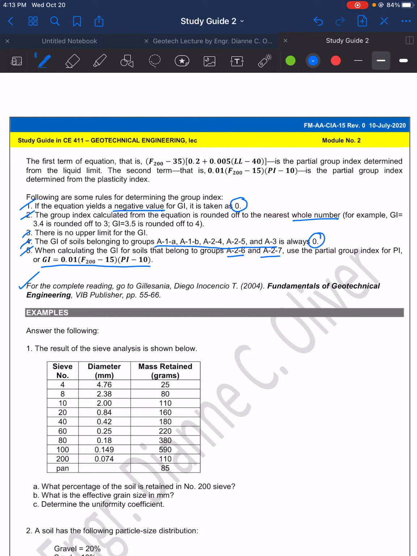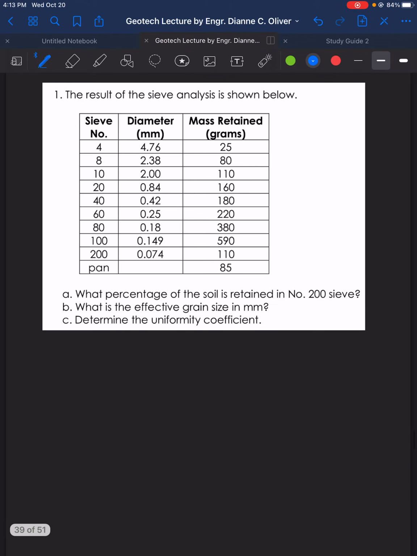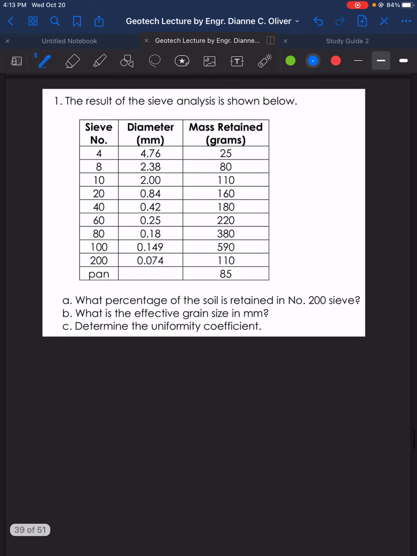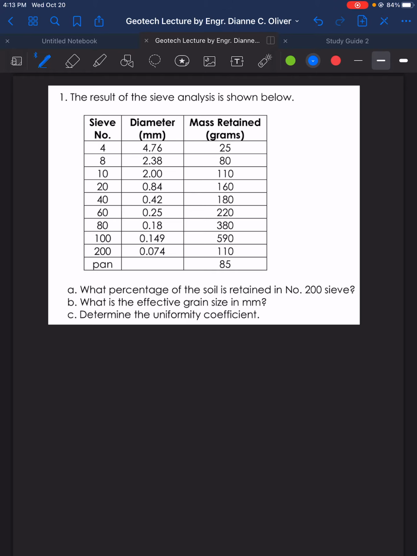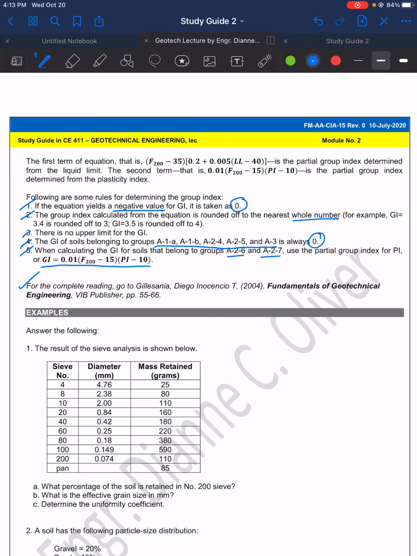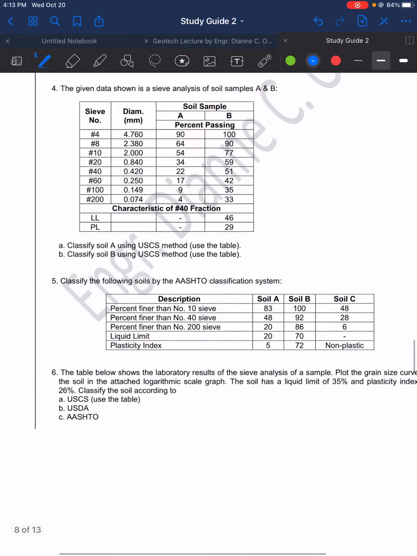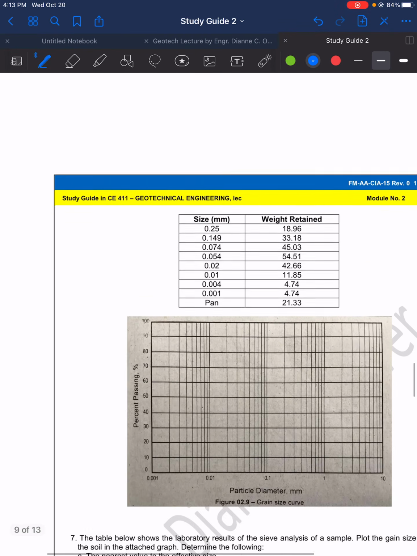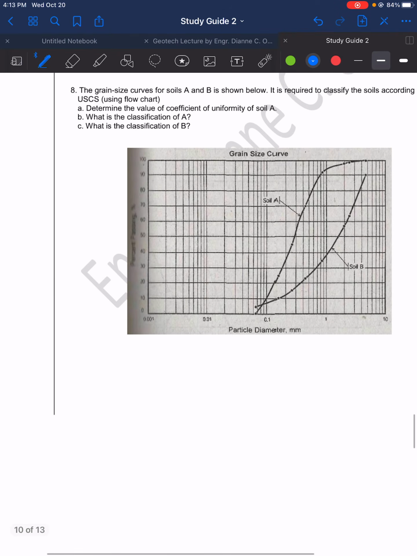Okay, so let's solve for the following examples to fully understand the classification. Okay, we have here number 1. So all in all, we have how many examples? 1, 2, 3, 4, 5, 6, 7, and 8.